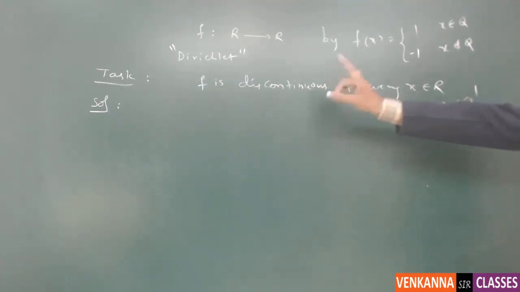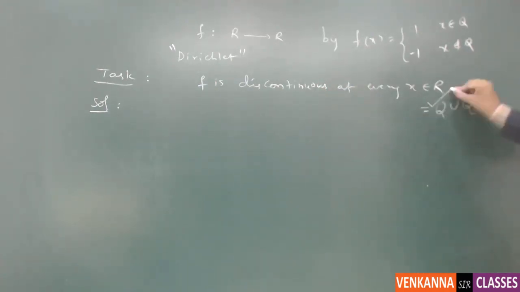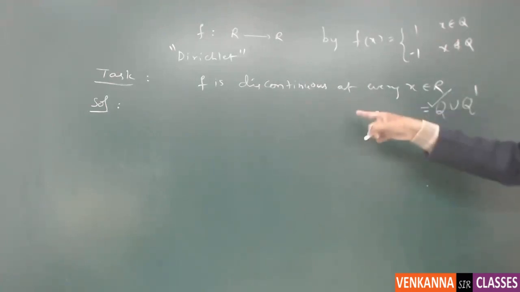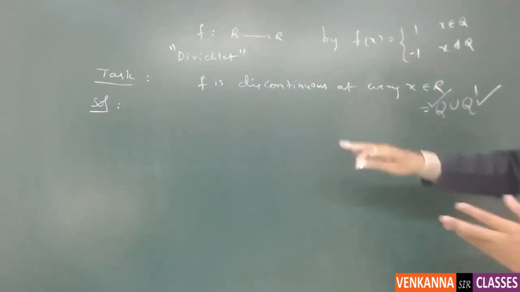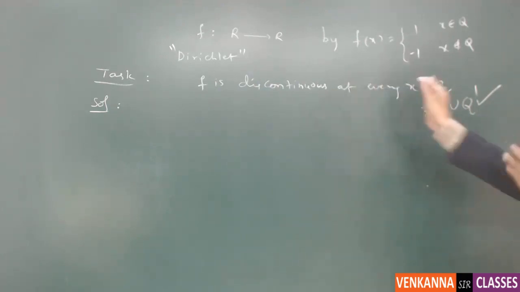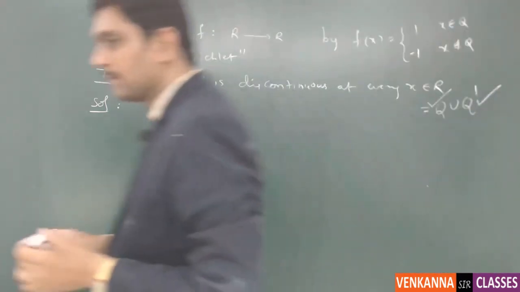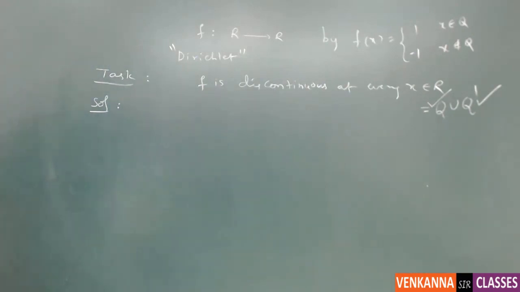You are going to prove that f is discontinuous at every rational number and at every irrational number, so that f becomes discontinuous at every real number. Is the logic clear? Right. So let us take that.